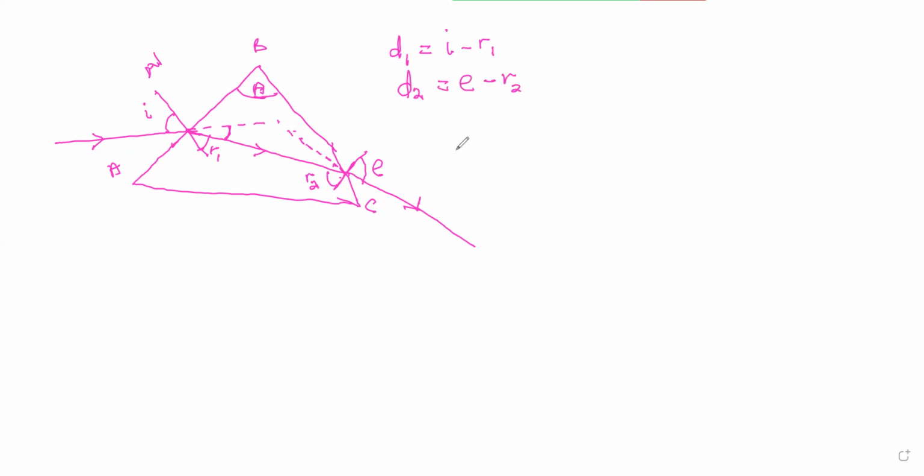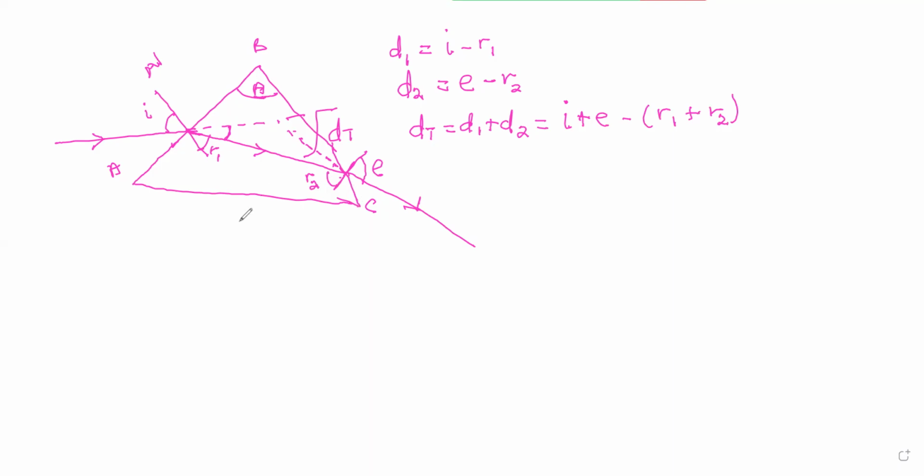By this, we saw that the total deviation within the prism, which is this angle D total, must be equal to D1 plus D2. This, we substituted whatever we had for D1 and D2 and had I plus E minus R1 plus R2.